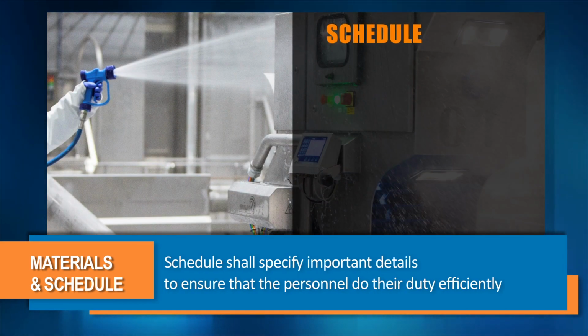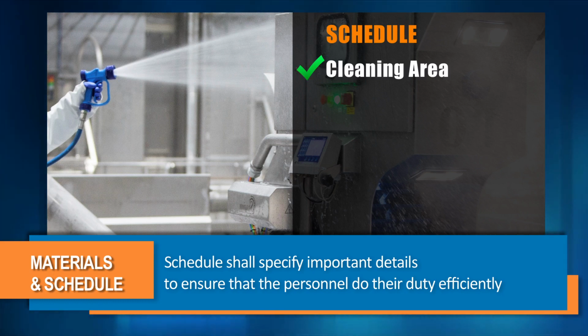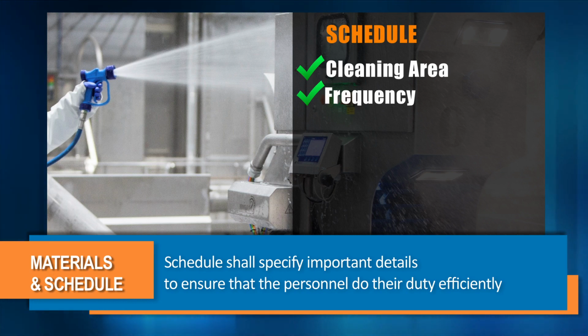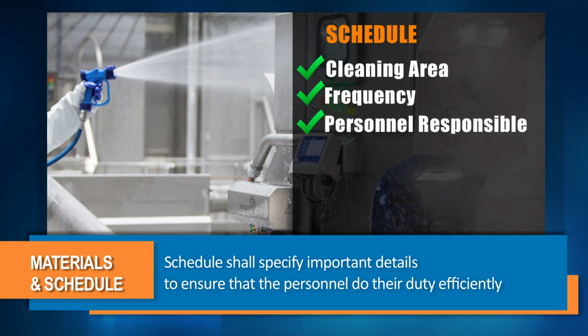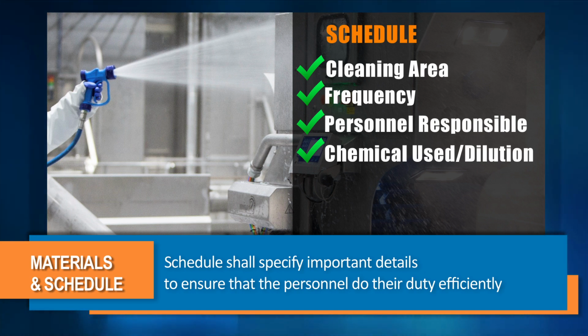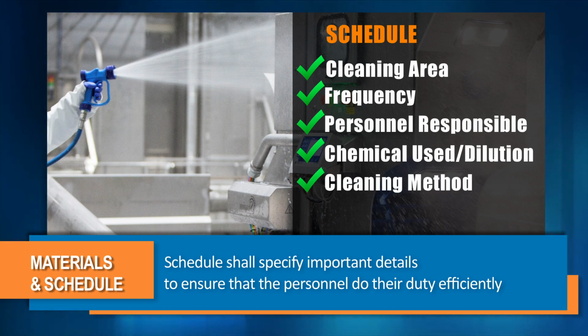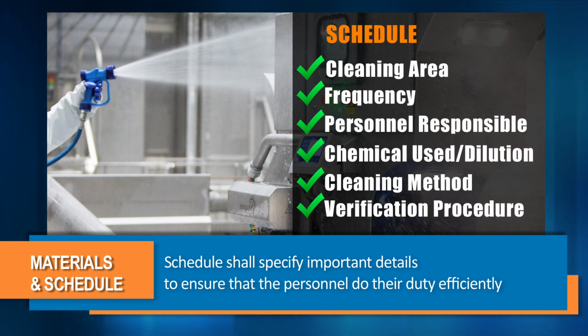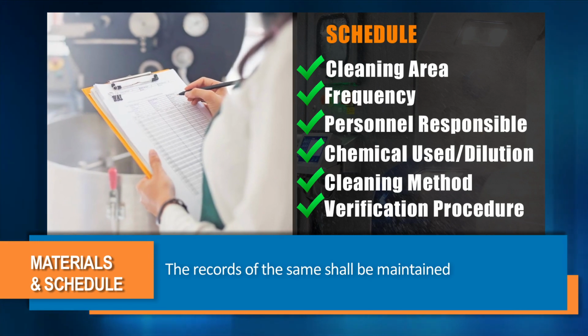The schedule shall specify important details such as the cleaning area, frequency, personnel responsible, chemical used and its dilution, cleaning method, verification procedure, etc. to ensure that the personnel carry out their duty efficiently. The records of the same shall be maintained.